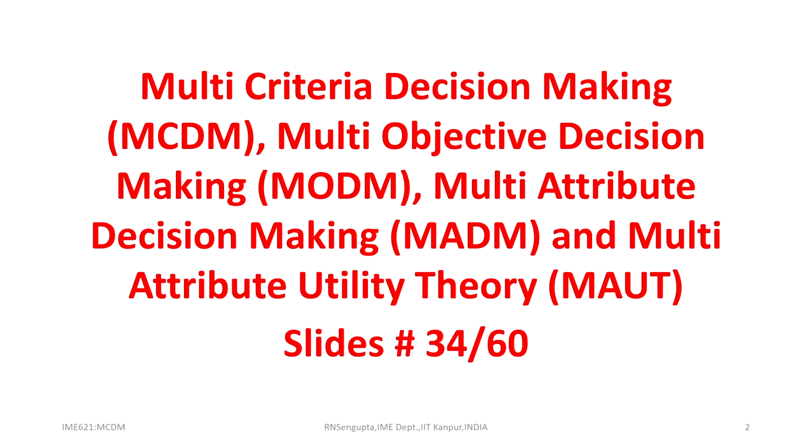Then we will consider multi-attribute decision making, multi-attribute utility theory, and then go into the concept of more qualitative decision making. This is the 34th lecture in the 60 lecture series.